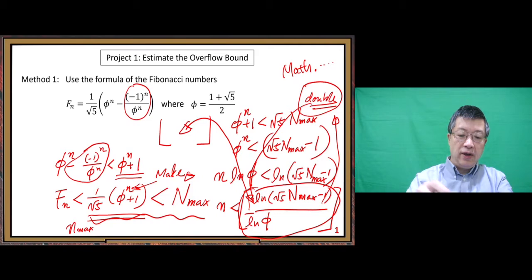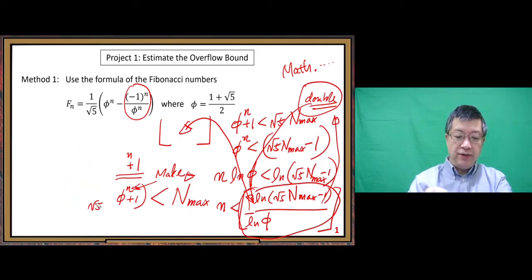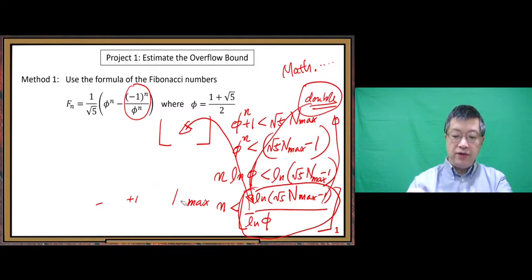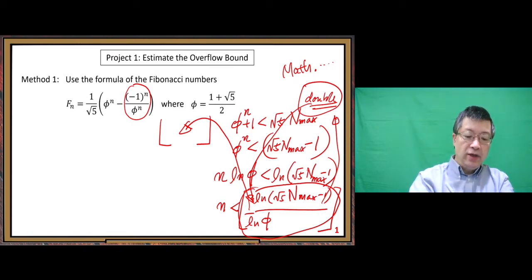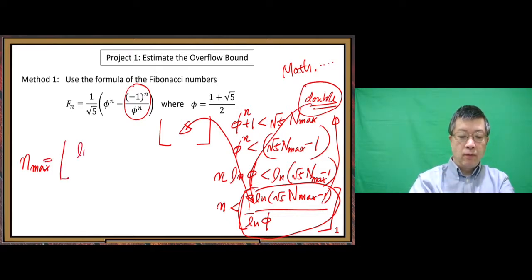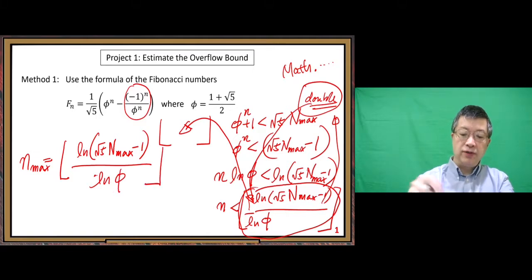So just to write the final result: the floor function, n max, floor function, root 5 n max, minus 1, floor function.